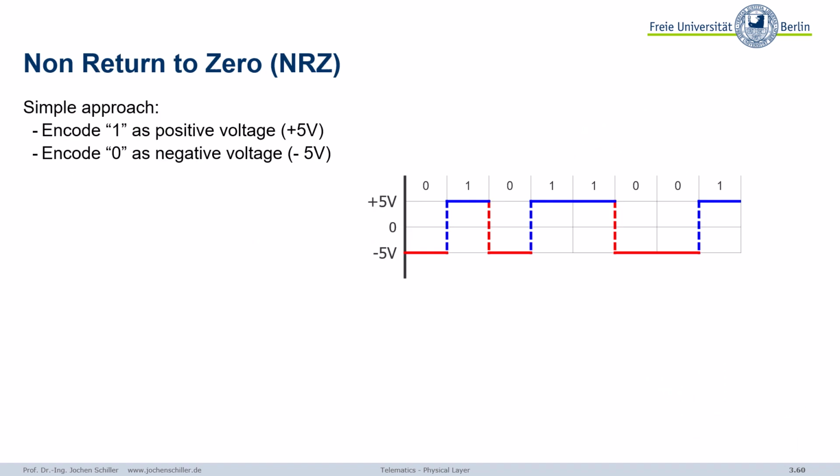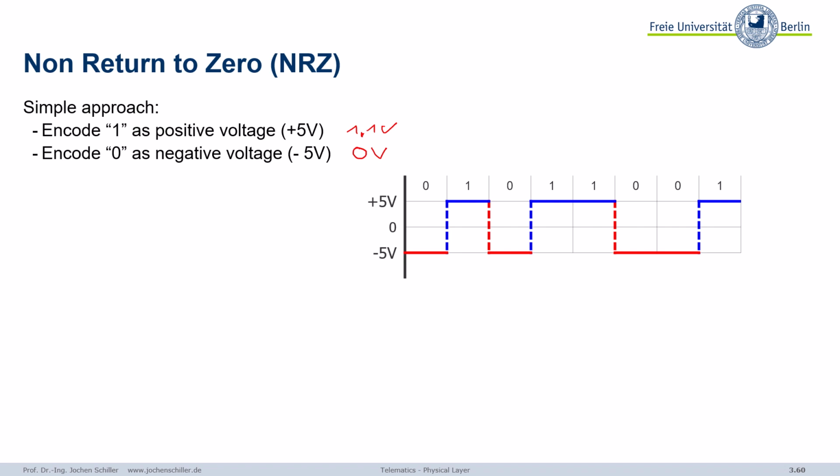So examples. The most simple approach is called non-return to zero. Non-return to zero, that means, this is what you know from computers, inside chips, etc. These are the examples I showed you several times now. We, for example, encode 1 as a positive and 0 as a negative voltage. We can also say, and that's typically in computer chips, we have 0 volts for the 0 and 1.1 volts for the logical 1.